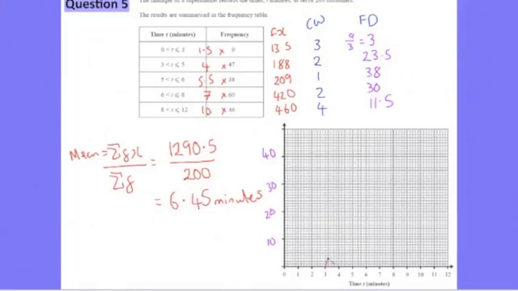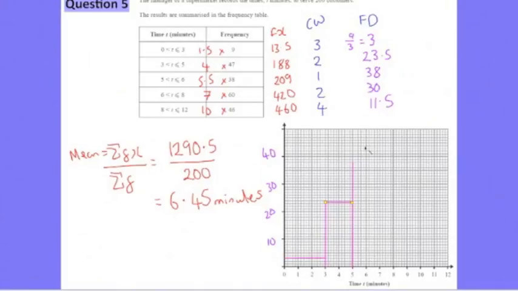First off, I'm going to draw up the higher column here for 23.5, and then join across here for our bar of 3, for our frequency density of 3. Next, we go from 3 to 5, up to 23.5, which I have already prepared here, carry on up to 38, and then connect across here to make 23.5.